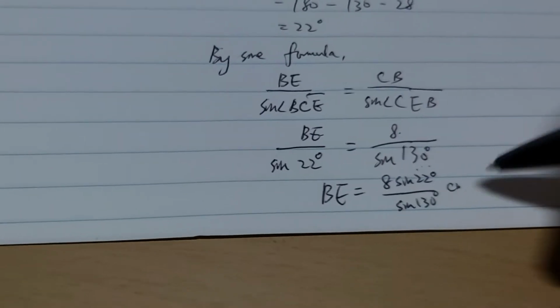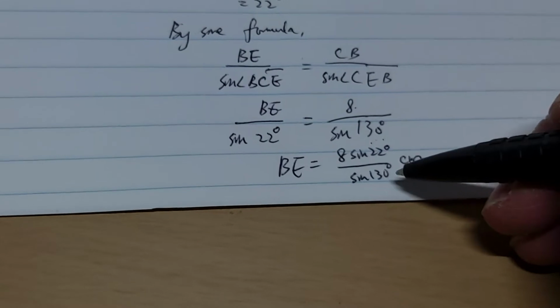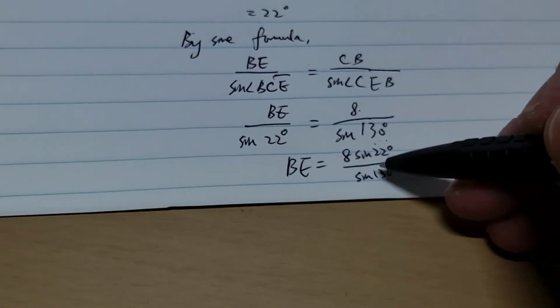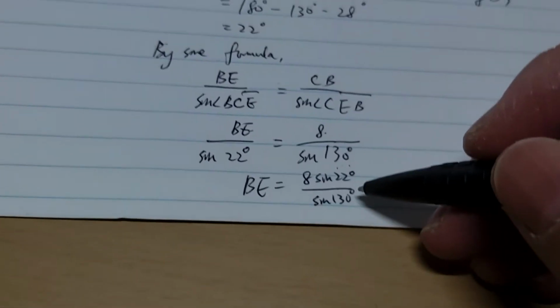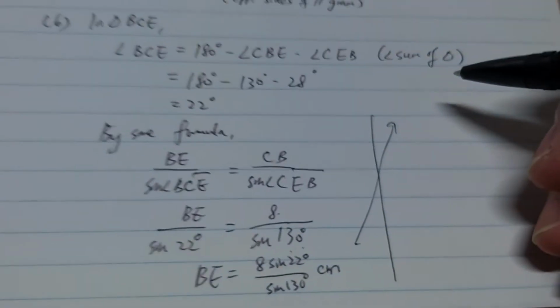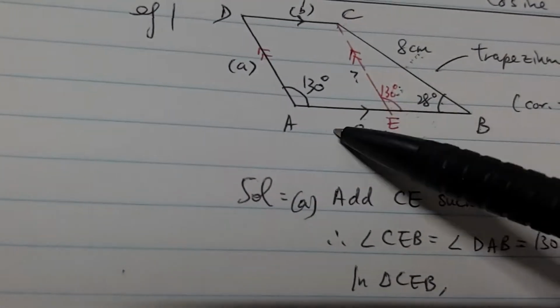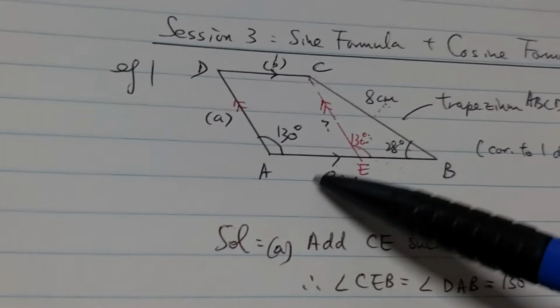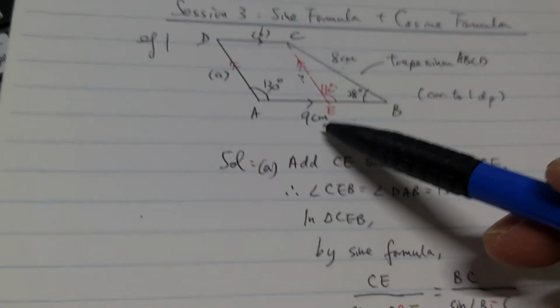Actually, we don't have to calculate this value. We can just keep this expression. We are now going to find AE, and then we can get CD. So AE is just 9 minus BE.